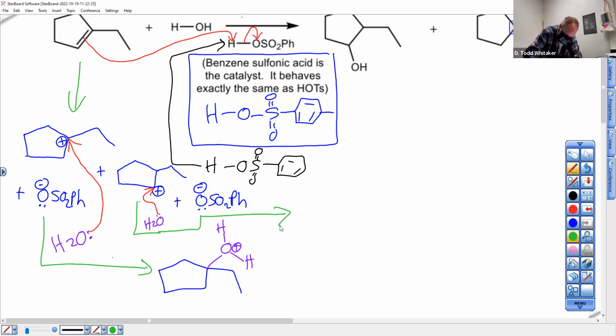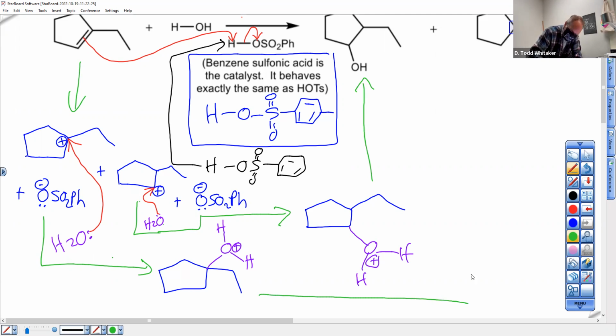There we go. And we've got a purple down here. We are close. This looks like it's going upstairs to that guy. And this one's going to go to that guy.